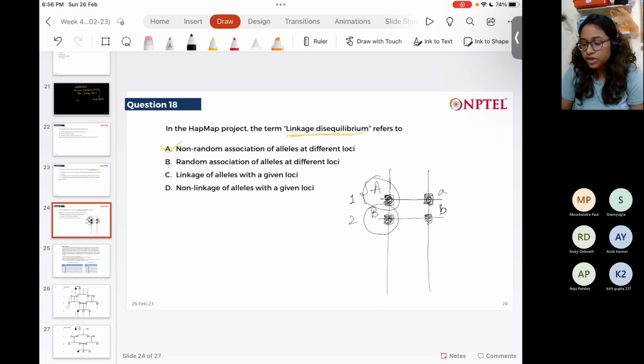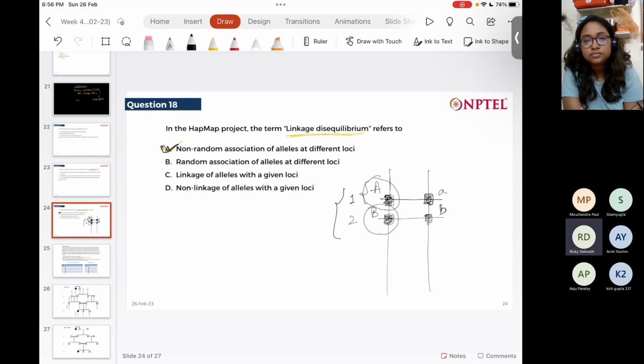For A and B to be inherited together, they have to be linked. And if people observe this more and more within the population, then it cannot be a random event; it has to be non-random. So if we reframe the statement given in the assignment, option A for question 18 translates to this.